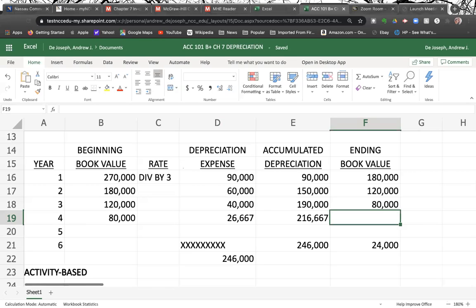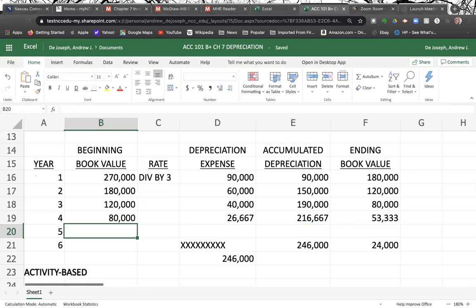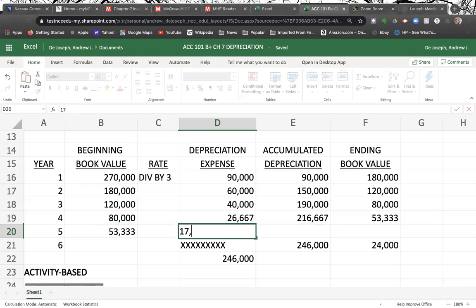270 minus 216,667, 53,333. 53,333 divided by 3 comes out to 17,778.